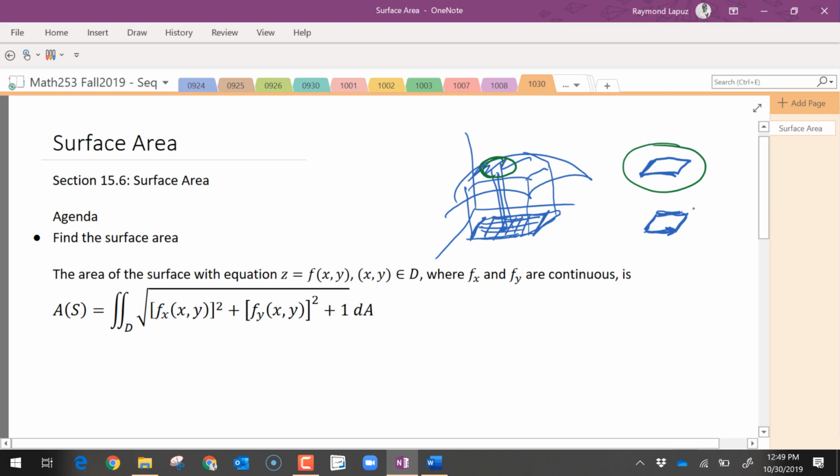Let me draw my arrows correctly. Back in 2 dimensions, I have these arrows.